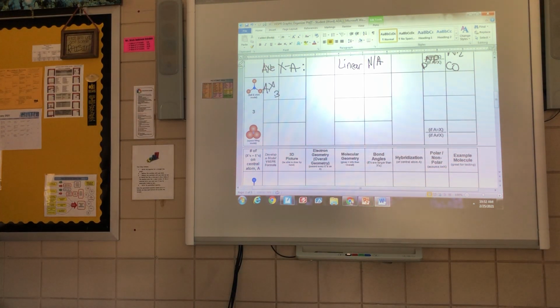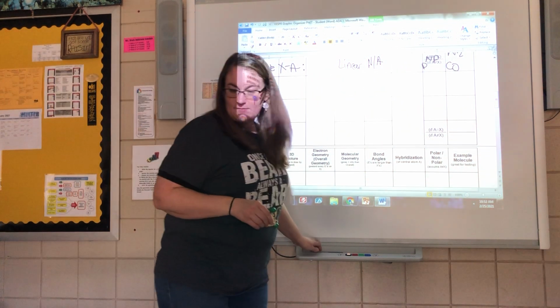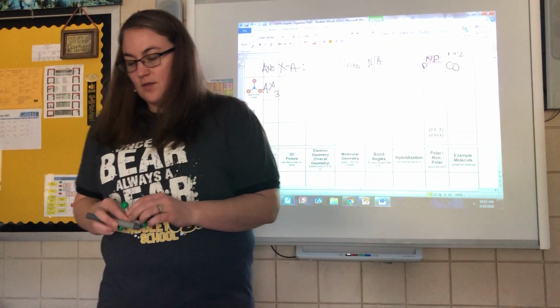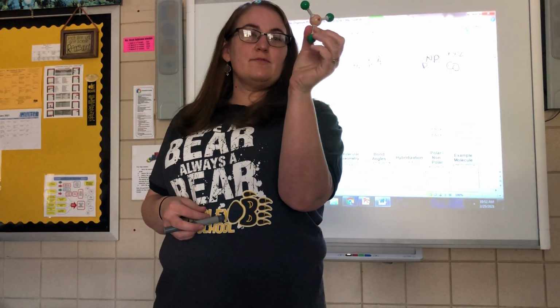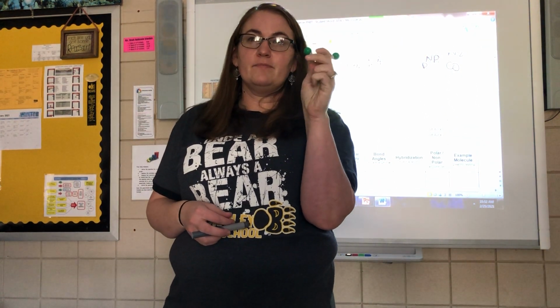So this is what we're dealing with when we have one central atom and 3 around it. This is going to be AX3. What shape does it remind you of? A triangle.